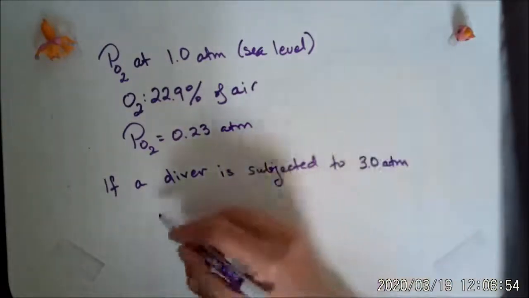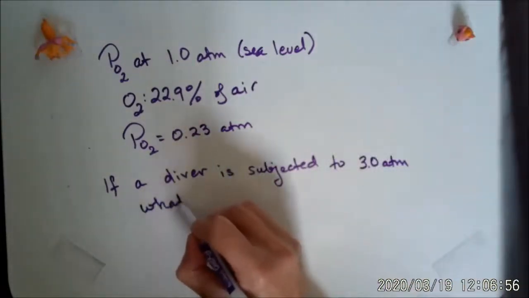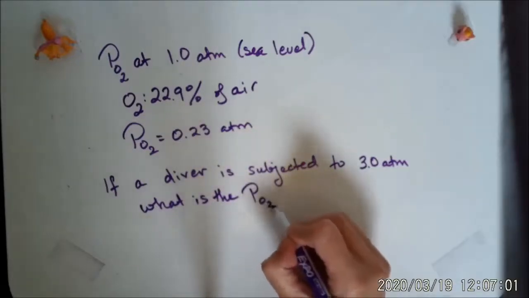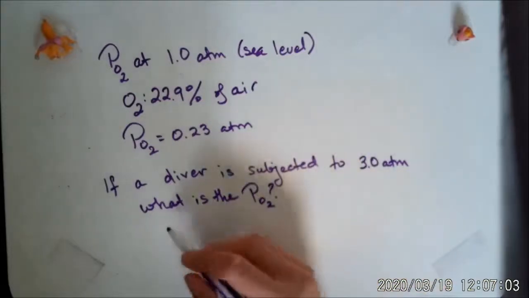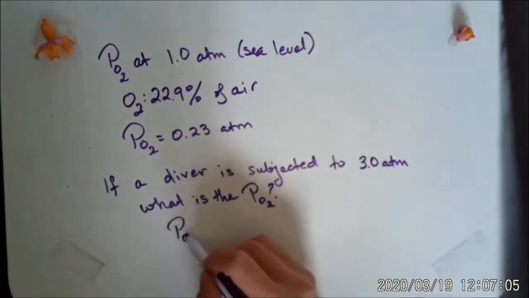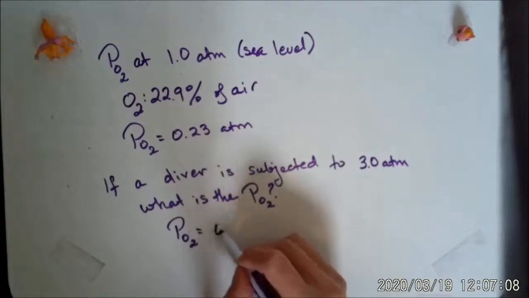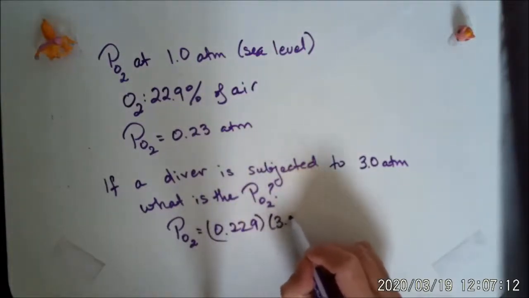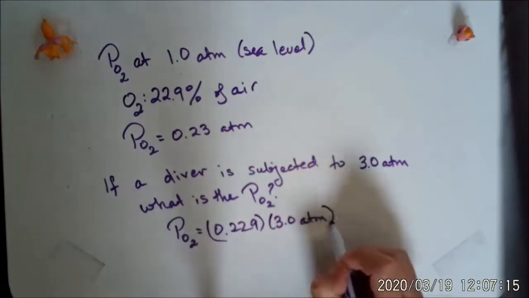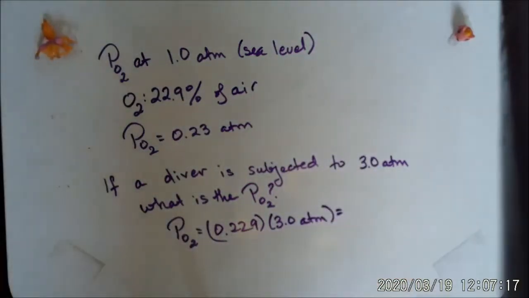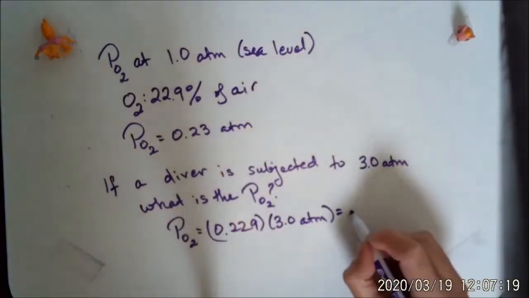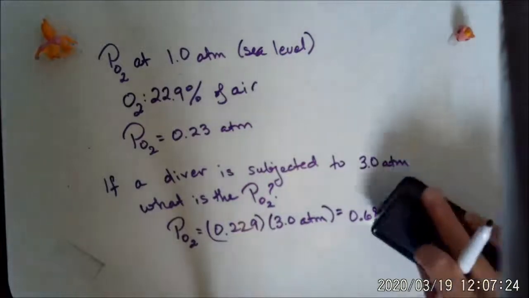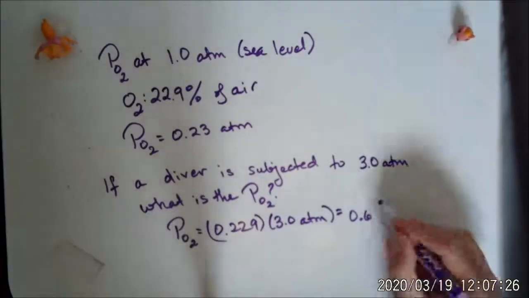What is the partial pressure of oxygen? The partial pressure of oxygen is going to be equal to 0.229 times 3 atmospheres, which is 0.6869 atmospheres.